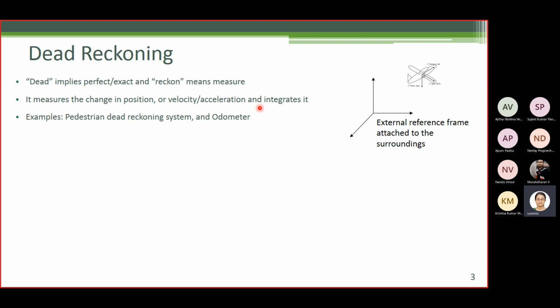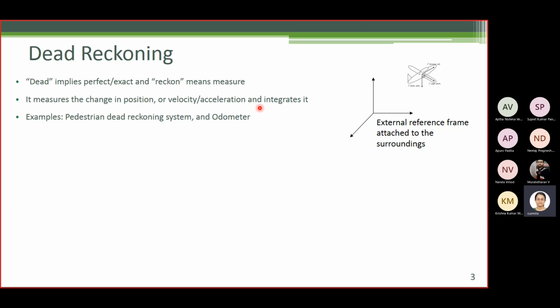It has accelerometers mounted on the body, usually on the feet. Whenever a step is taken, step initiation happens, and there is a change in accelerometer measurement. Comparing that against a threshold, we can detect whether a step is taken or not. By counting the number of steps and multiplying it with the step length, we can find the distance traveled by the person.